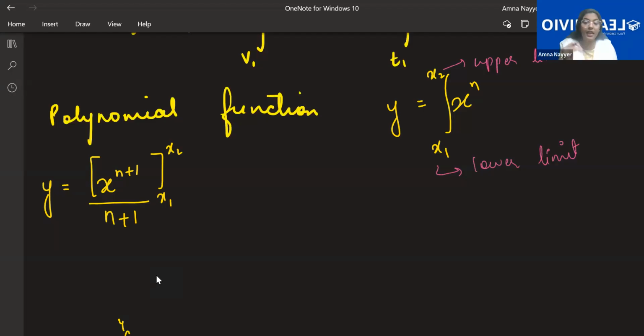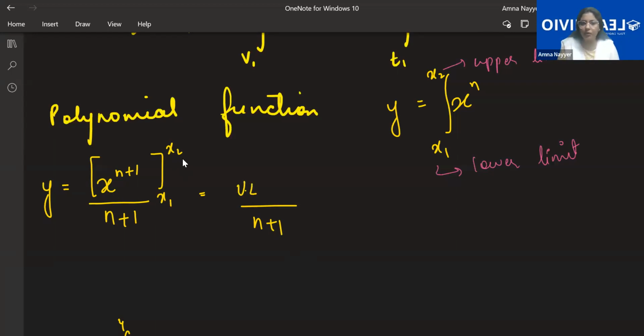Here, the problem is that there are limits. Time will be given, position will be given, anything can be given to you. So what do we do? In the next step, you keep your n plus 1 as it is. Don't disturb it. Whatever it is, 2, 3, it will act as a constant, just put it here. Instead of this x, you put the upper limit first.